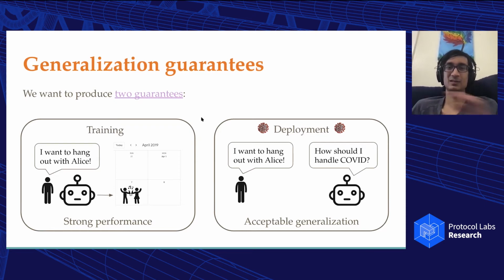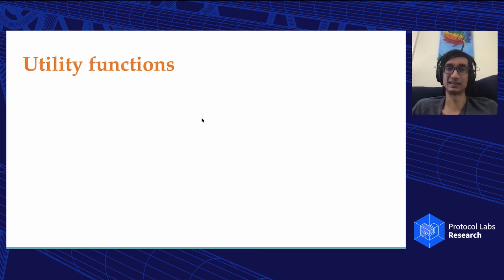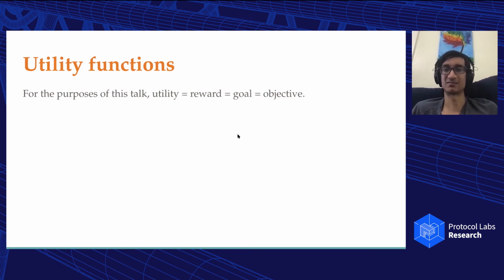To contrast that, the contrast was utility functions. In this talk, when I say utility functions, I just mean utility functions, reward functions, goals, objectives, all the same thing. There are definitely many concepts that these things can point to.